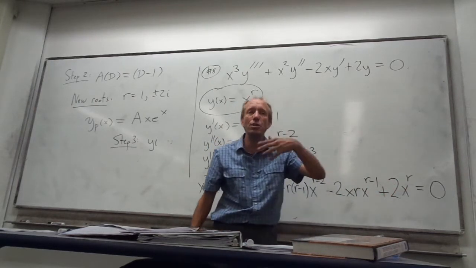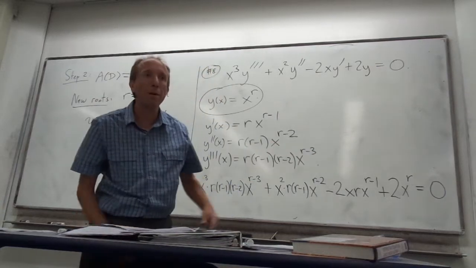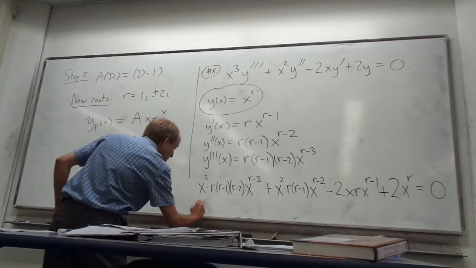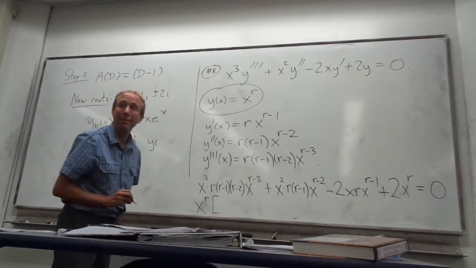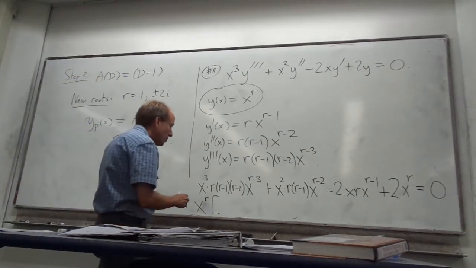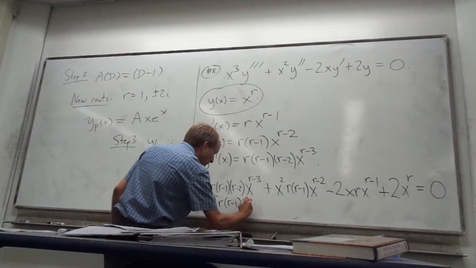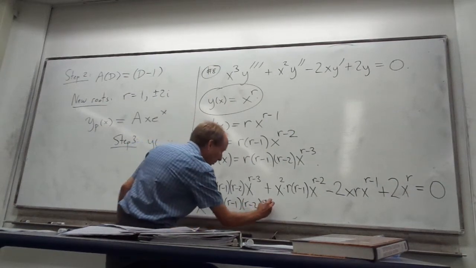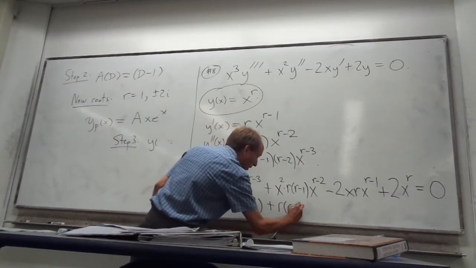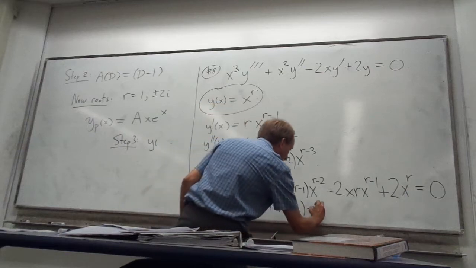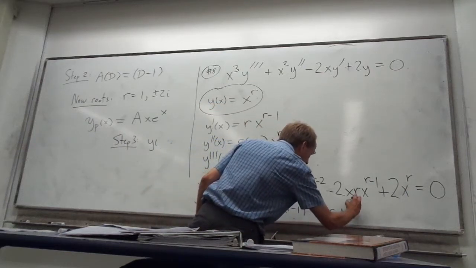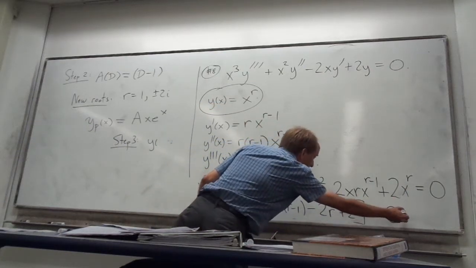We have x to the r in every single term. So I'm going to recommend that we pull it completely out of every single term. After we factor it out, I'm left with r times r minus 1 times r minus 2, plus r times r minus 1, minus 2r plus 2, equals 0.